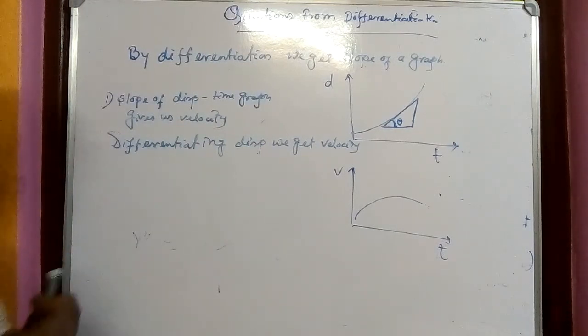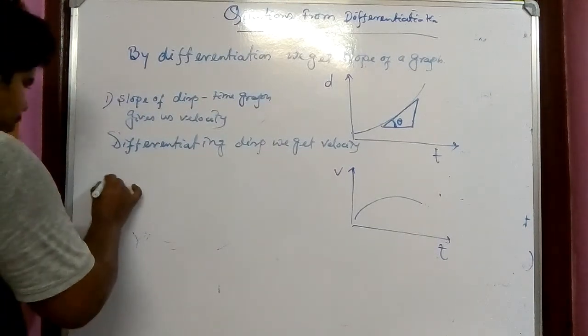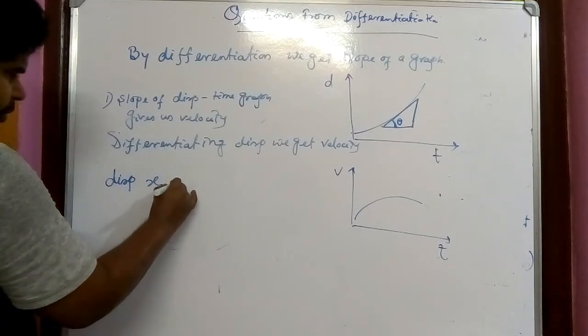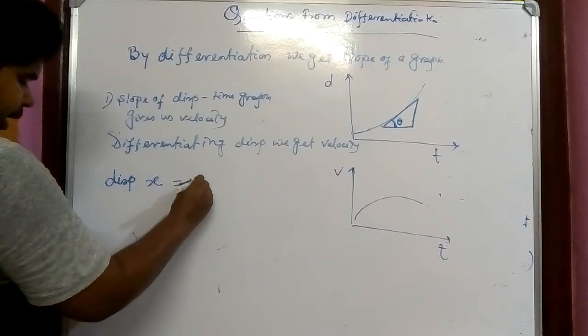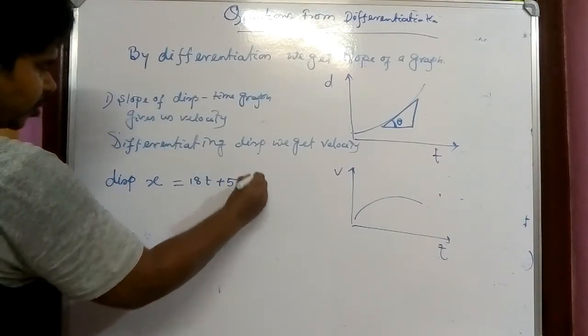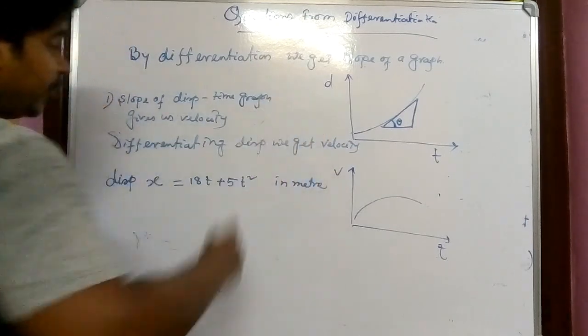Assume an equation is given to you, the displacement x equals 18t plus 5t square, in meters.